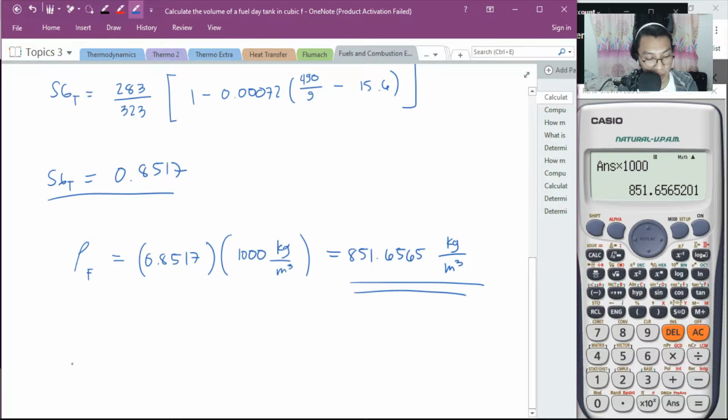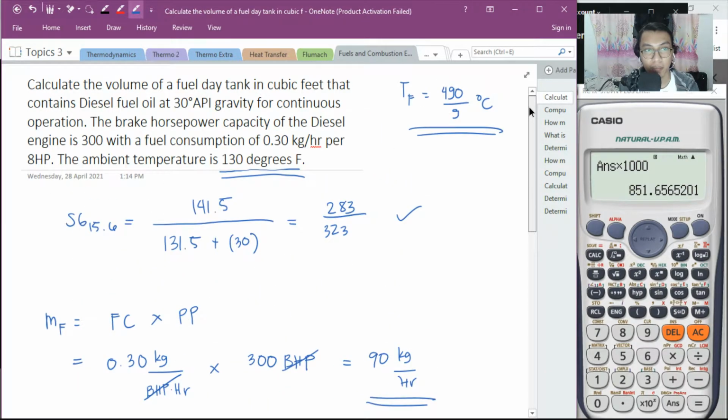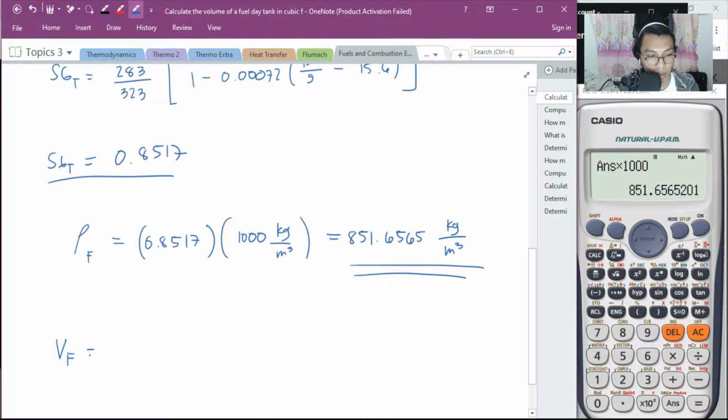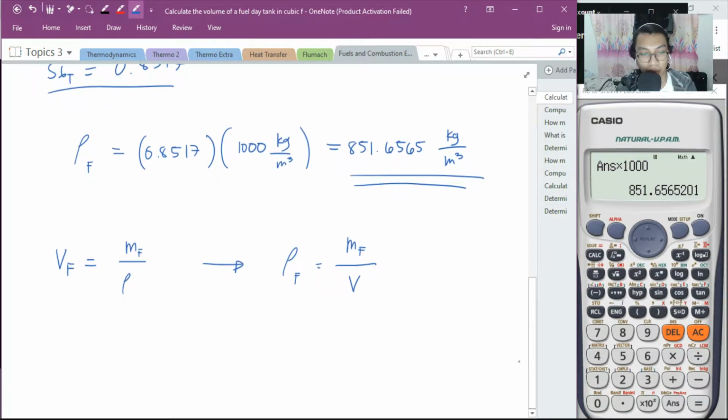And then, nahanapin mo naman yung volume of the fuel. Yan ang tinatanong eh. Diba? Check nyo. The volume of fuel of a day tank per day. Okay? O, di ba ang volume is equal to mass over density? O, saan ang galing yan? Di ba nanggaling parati yan dito sa density ng fuel equal to mass flow rate of the fuel divided by the volume. Okay? So, mahanap na natin si volume of the fuel.